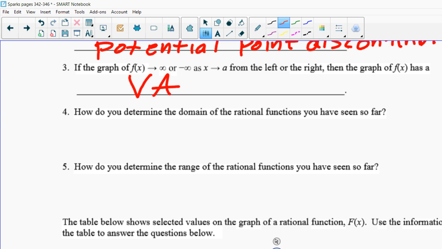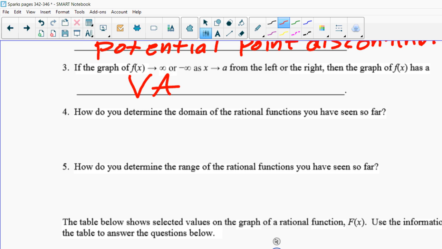How do you determine the domain of the rational functions that we've done so far? What got left out? Domain. Which got left out of the domain, vertical or horizontal asymptotes? Vertical. What else got left out? The x value of the hole. Right.